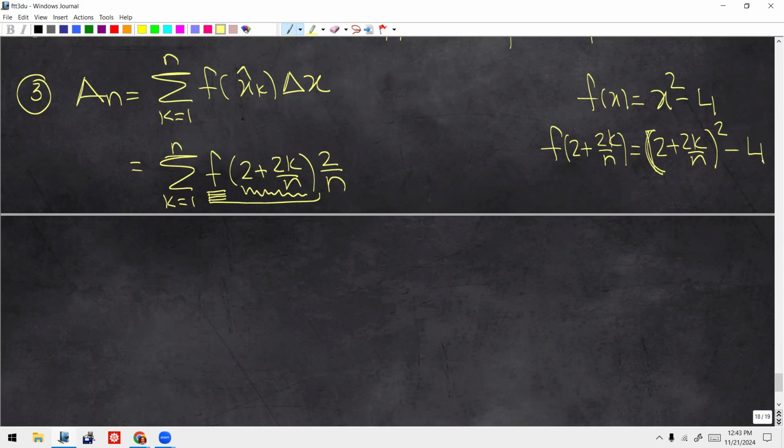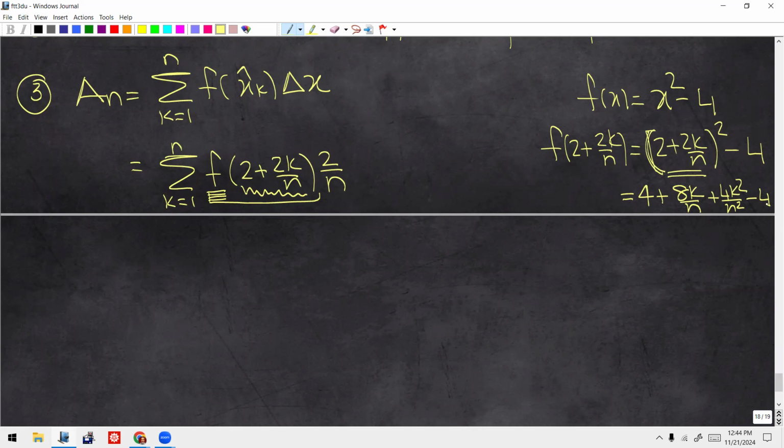Everybody agree with that? So let's clean that up a little bit. You know how to expand, right? I'm not going to do that. You take this times this, multiply by itself, so we're going to end up with 4 plus 8k over n plus 4k squared over n squared minus 4. Everybody okay?